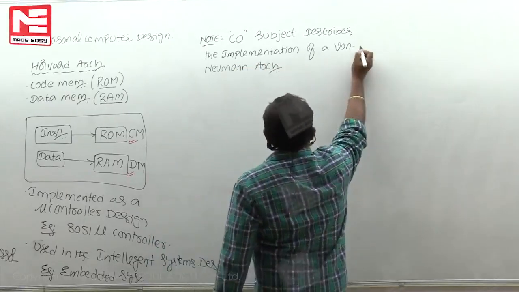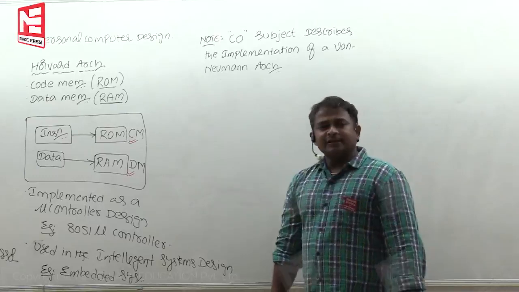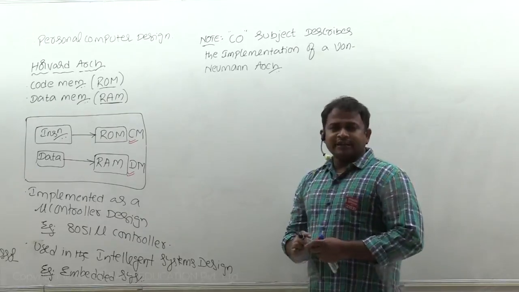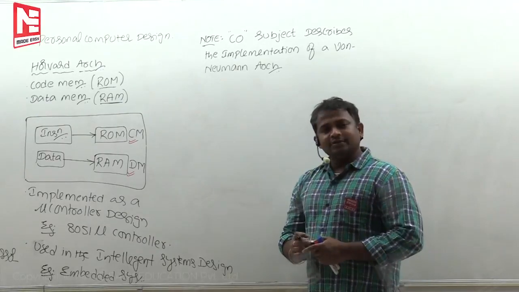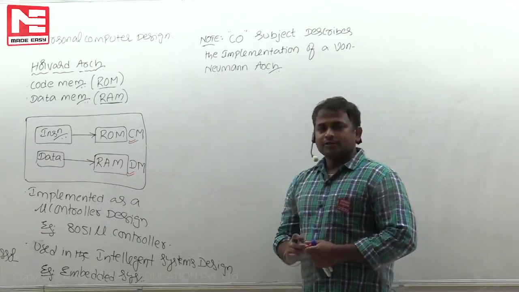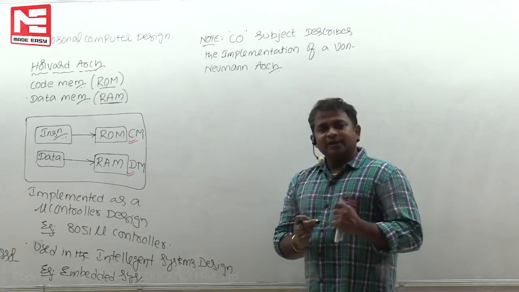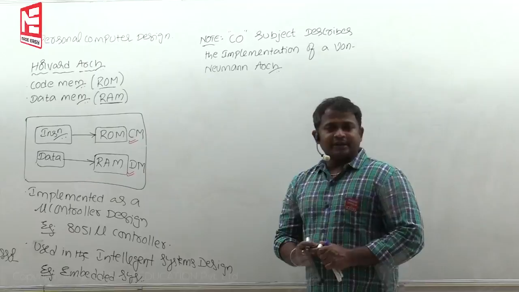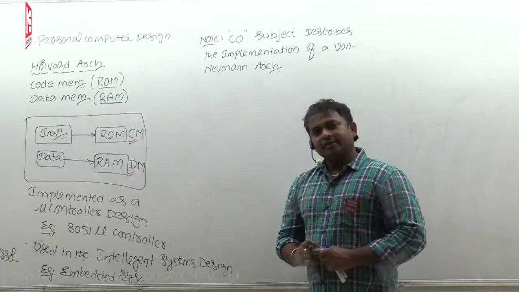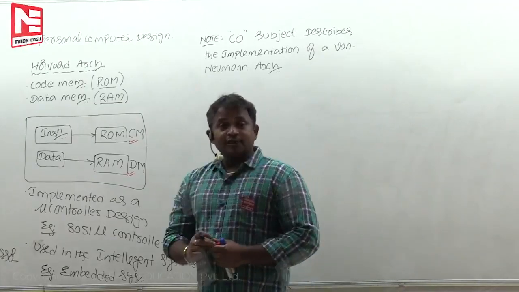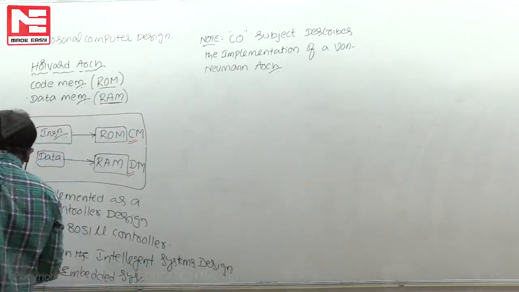Therefore, we always assume that the program is present in the main memory. The CPU generates the physical address to execute the application program. So remember that CO is an implementation of a von Neumann architecture. Is it okay? Right. So we always focus on the microprocessor design. That's it.